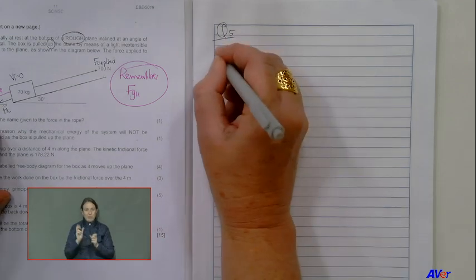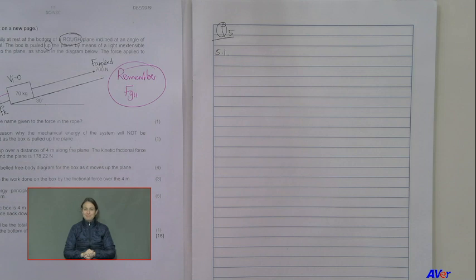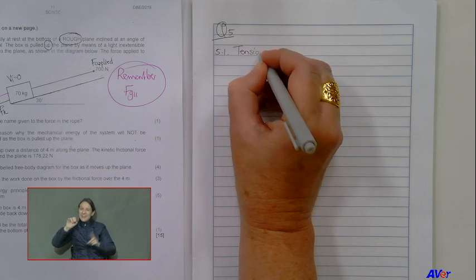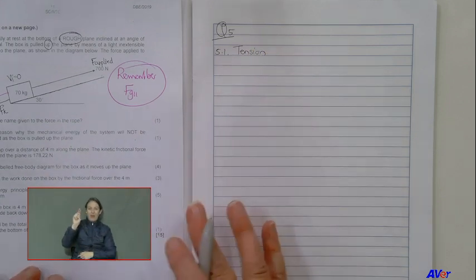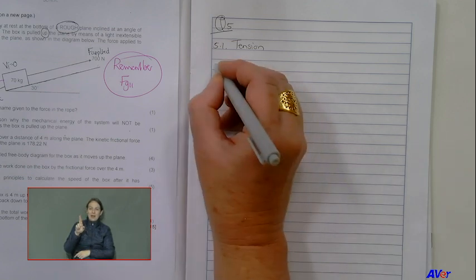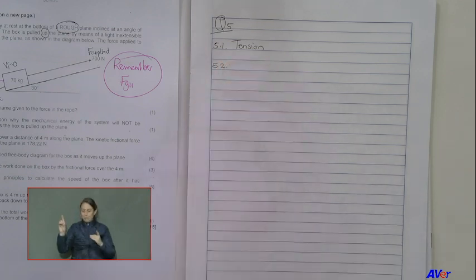Okay, 5.1. What is the name given to the force in the rope? The force in the rope will be tension. It's a tension in a string. And tension in a string is a scalar quantity, so it doesn't need a direction. 5.2. Give a reason why the mechanical energy of the system will not be conserved as the box is pulled up the plane.